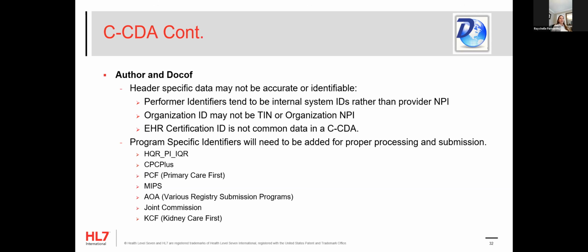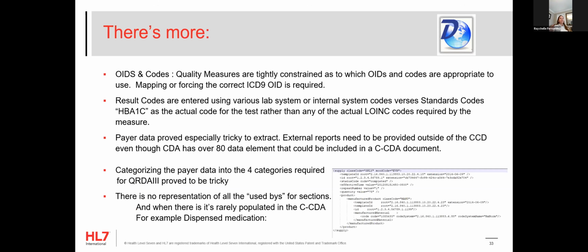There are very specific program identifiers for the various programs I have listed here that you may not find in that CCDA either. There are CPC plus identifiers specific to the location that are not in the CCD. There's more.